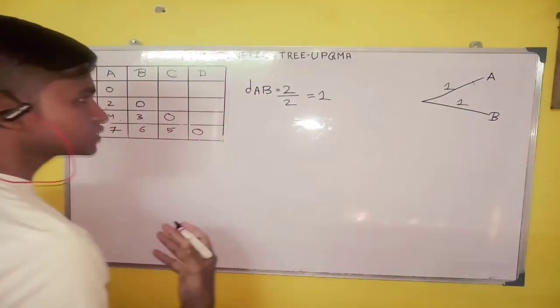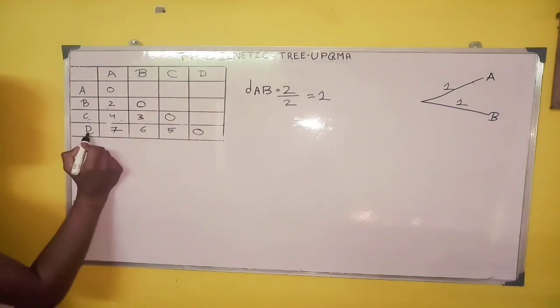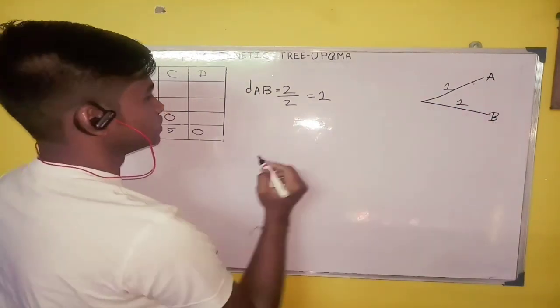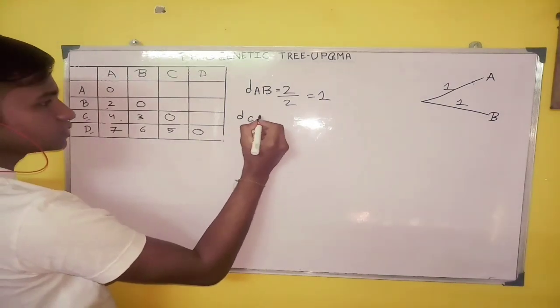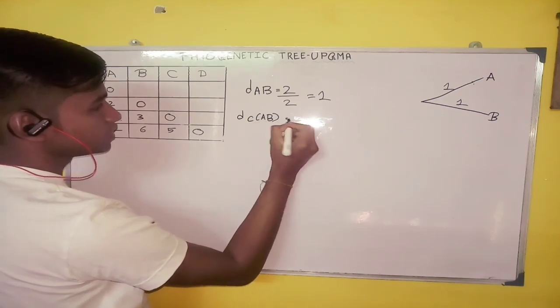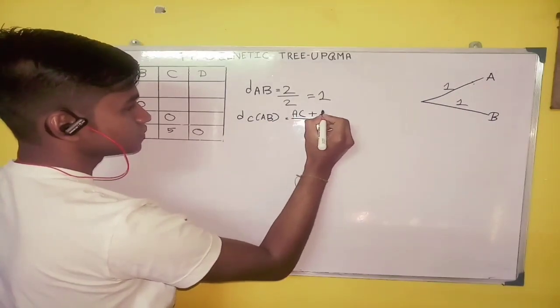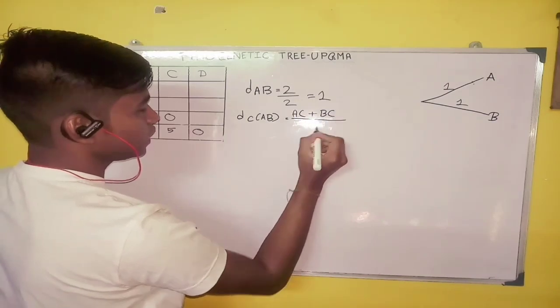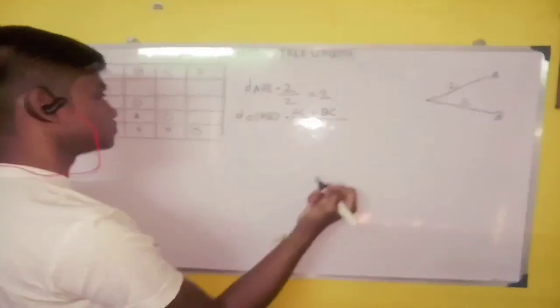In the next step we have to determine the distance of C and the distance of D in respect of AB. The distance of C in respect of A and B is AC plus BC, and since two distances are present, we divide by 2.